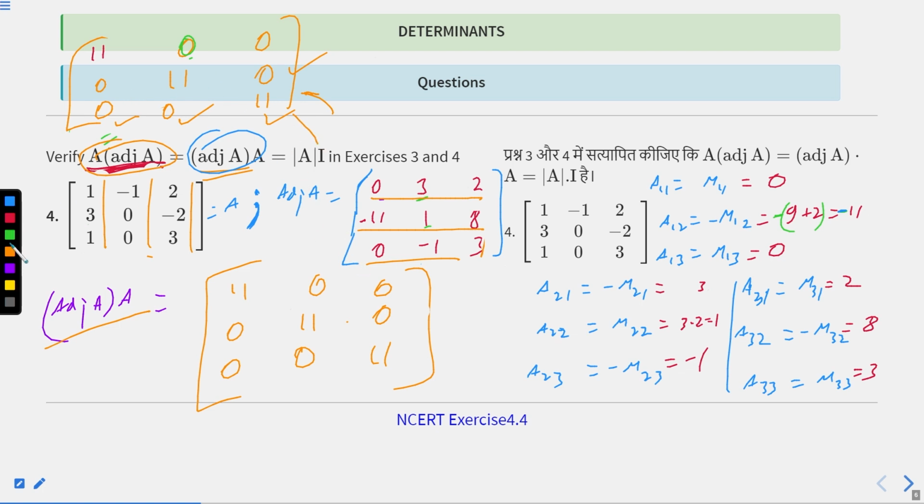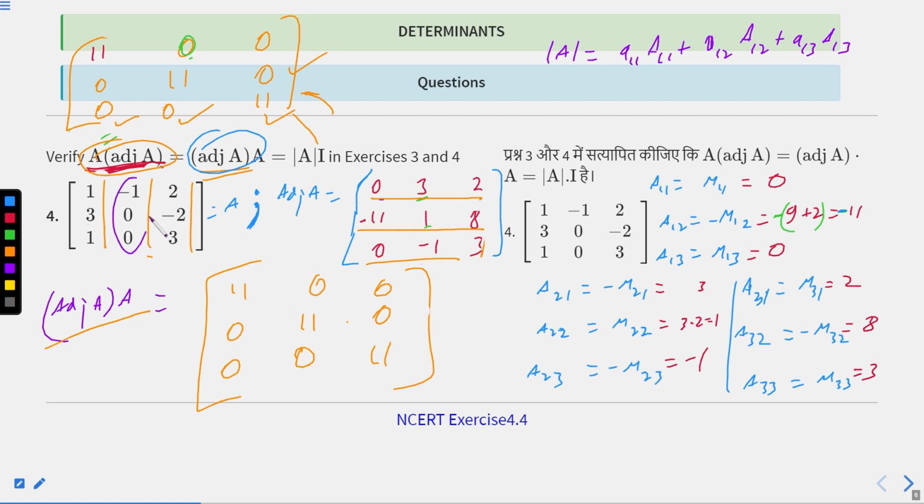And now, first of all, find the determinant of A. I'll be finding the determinant using A11 times its cofactor plus A12 times its cofactor plus A13 times its cofactor, because I already have these things. But here I am not using the first column.